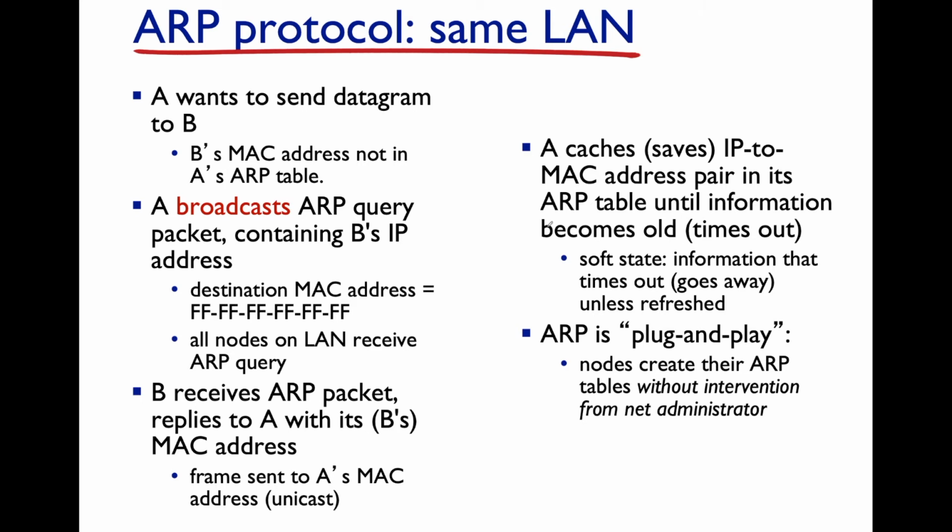That entry persists until the time to live has expired. ARP is a so-called plug-and-play protocol because you don't have to do any special configuration. You just plug in your network card and it builds these ARP tables. And in fact, there are command line tools you can use to display the ARP cache or the ARP table.